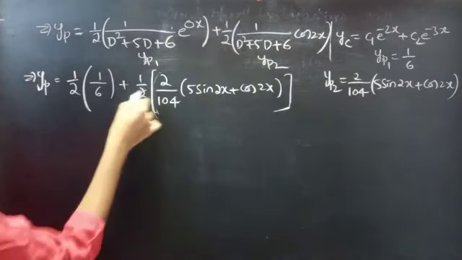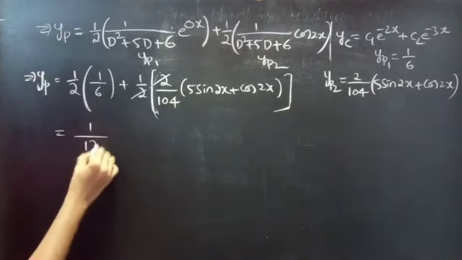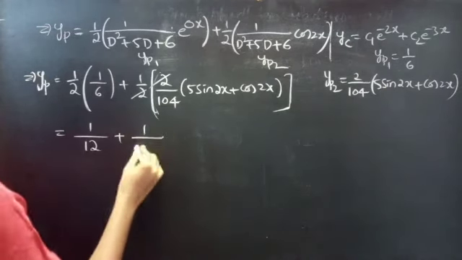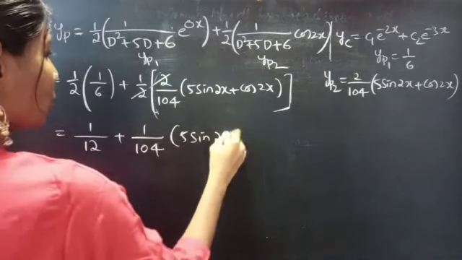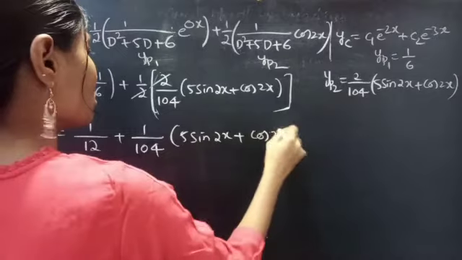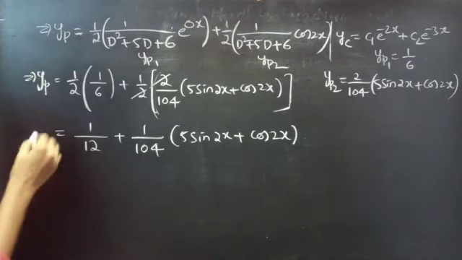In the second term, 2 gets cancelled, which equals 1/12 + 1/104 (5 sin 2x + cos 2x), which is our YP.